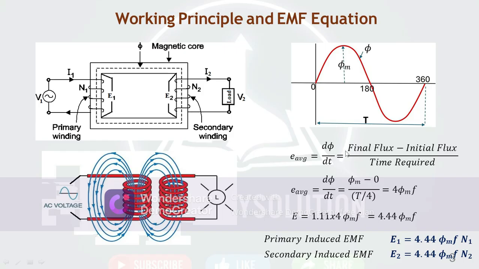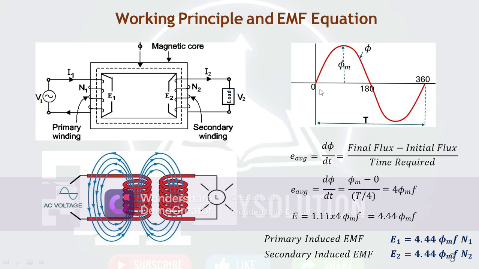The change in flux is the final flux minus the initial flux, upon the change in time dt. In the graph the voltage starts from zero, so the initial flux is zero and the final flux is phi m, the peak value, reached in a quarter cycle. So it is phi m minus 0 upon dt, the time required up to this point.